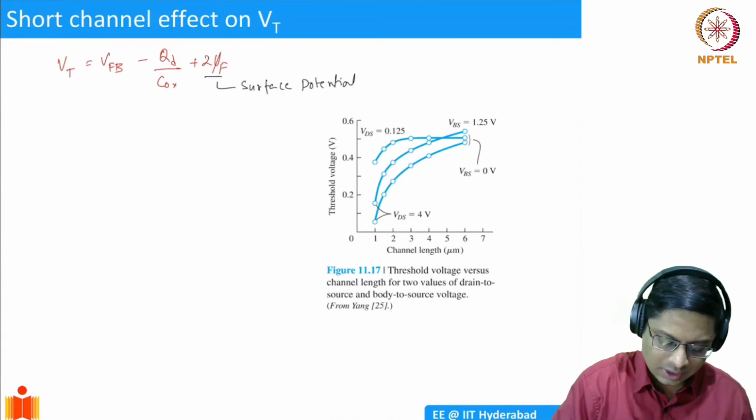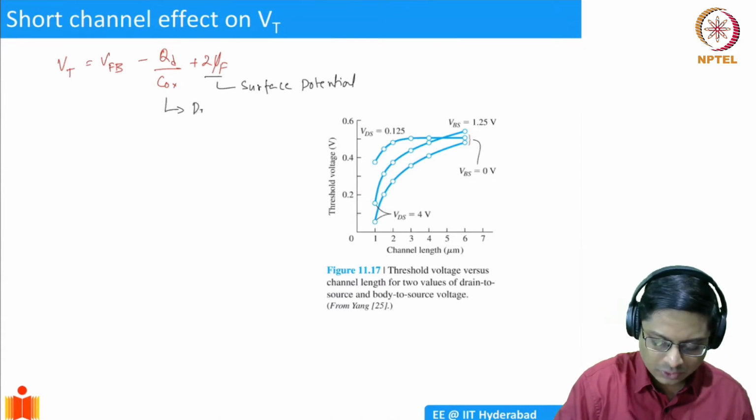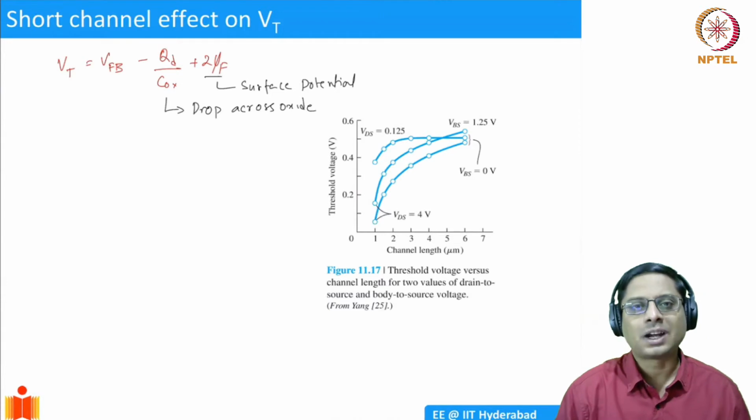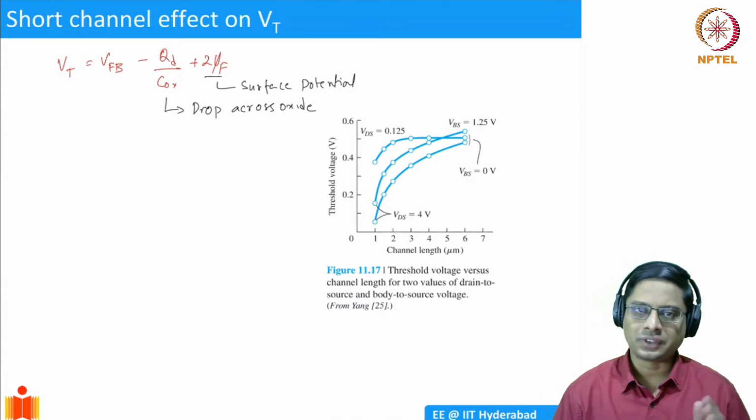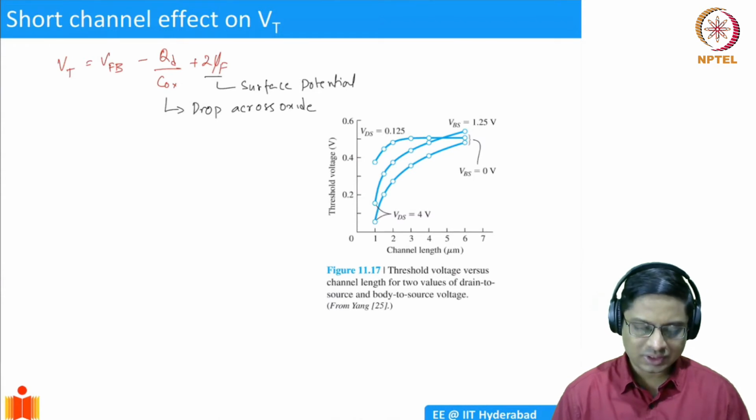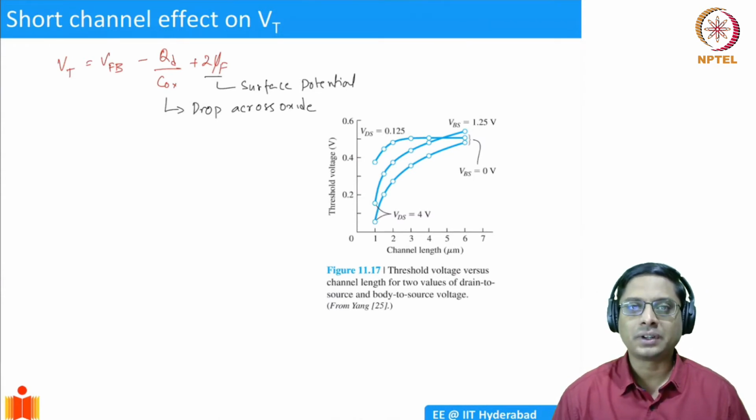And this is the potential drop across the oxide. And then of course flat band accounts for the differences in the work function or the interface charges and so on. So this is the definition of VT that we have studied.